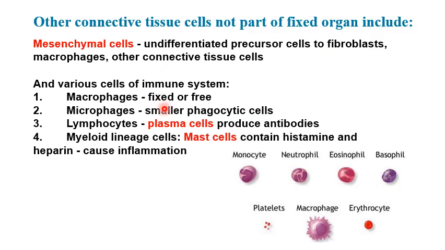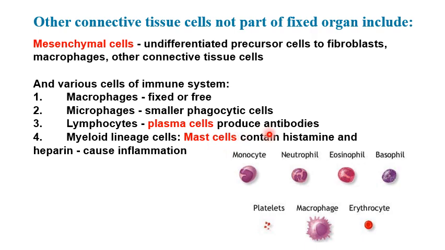What you should know from here, as I mentioned, is that those are cells in the blood, and they're important for immune system function. But you should keep in mind that lymphocytes are the ones that produce antibodies. So those are going to become plasma cells and produce antibodies. You have other cells like mast cells that are very good at producing histamine.